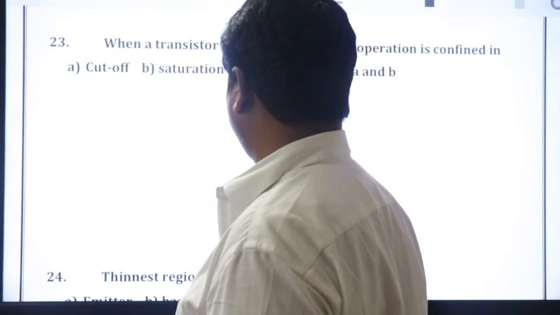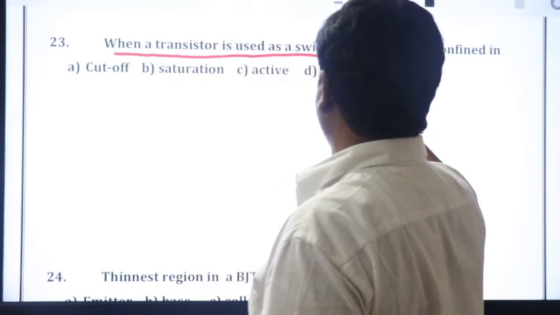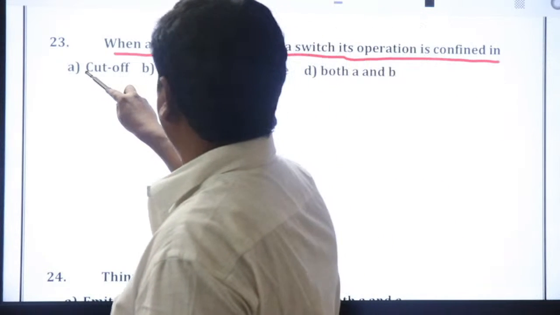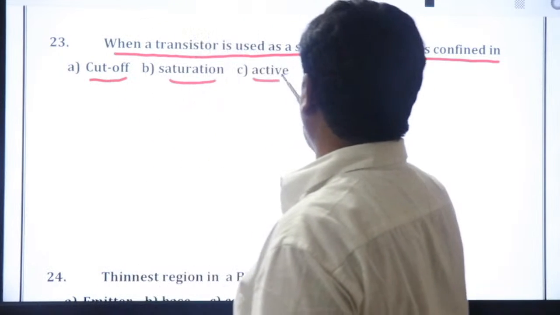Next, when a transistor is used as a switch, its operation is confined to the cutoff region, saturation region, or active region.